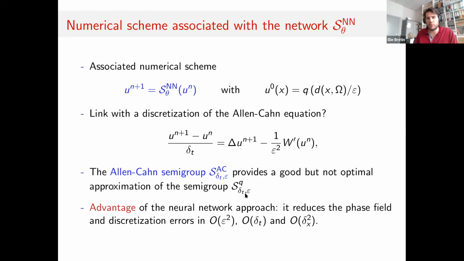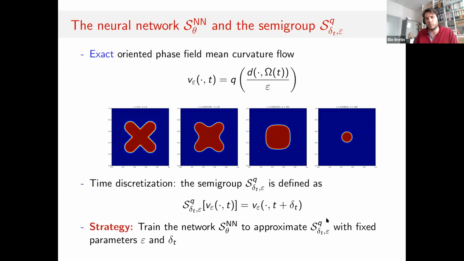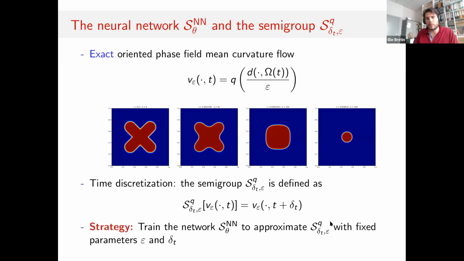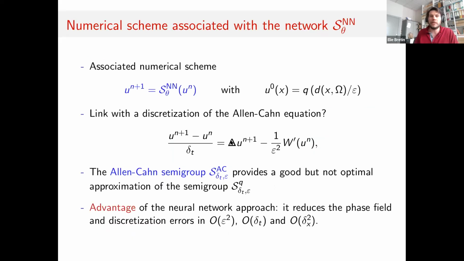So the advantage of approximating this semigroup instead of this semigroup is to expect to diminish the phase field error in epsilon square. The other advantage of learning an approximation with a neural network of this semigroup is to compensate the discretization error in delta t and delta x square.